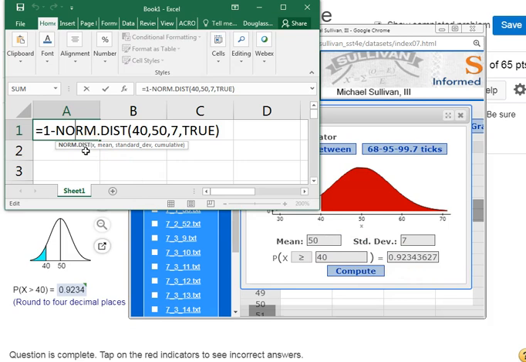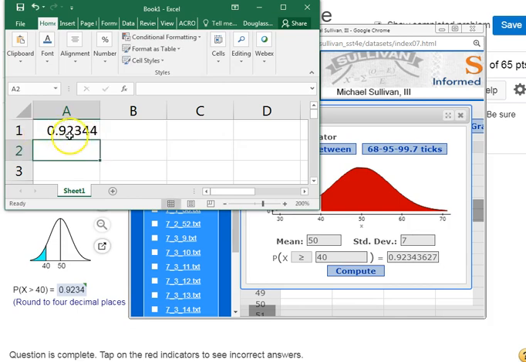Now, as I mentioned earlier, since we're doing to the right of or greater than 40 for this example, we need to do 1 minus that in Excel because Excel only gives the probabilities back of being to the left of a certain value. So 1 minus that gives us that same answer back that we saw in StatCrunch.